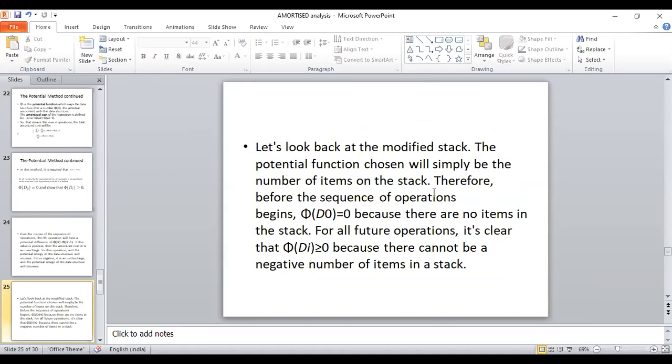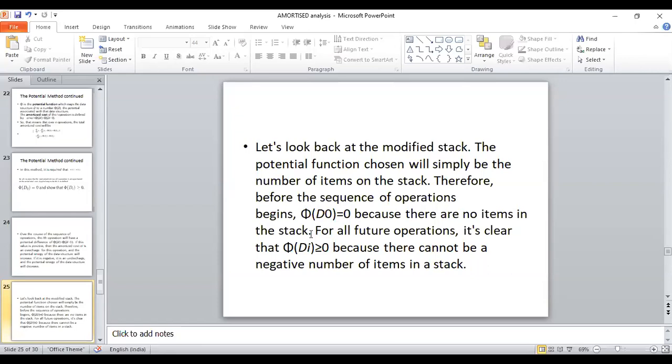So before the sequence of operations begins, phi of D0 is equal to 0, since no operations have started on the data structure D and there are no items in the stack.